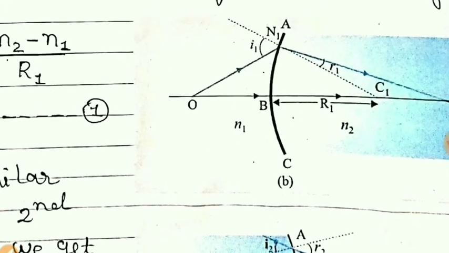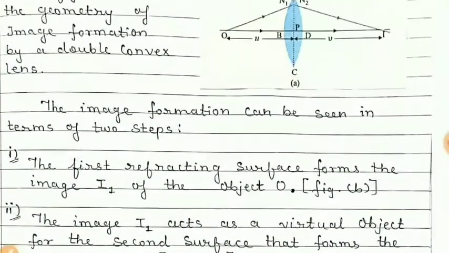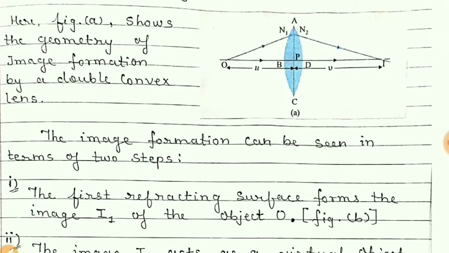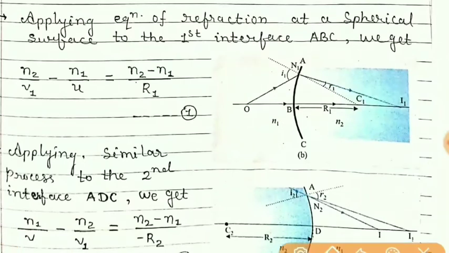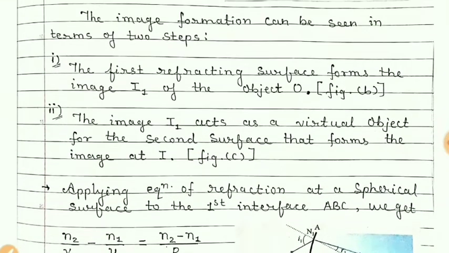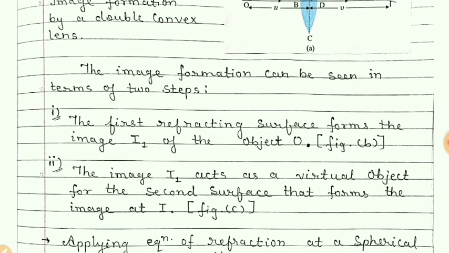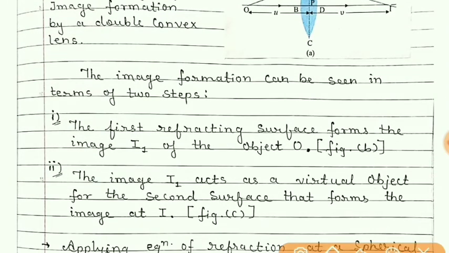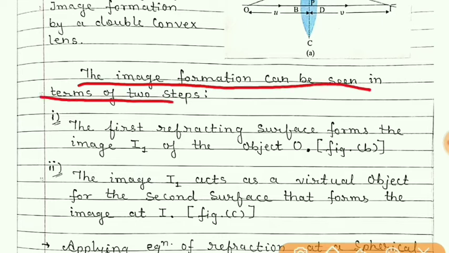So now considering first this surface ABC. Now here I have written a few important points that you have to consider. The image formation can be seen in terms of two steps.